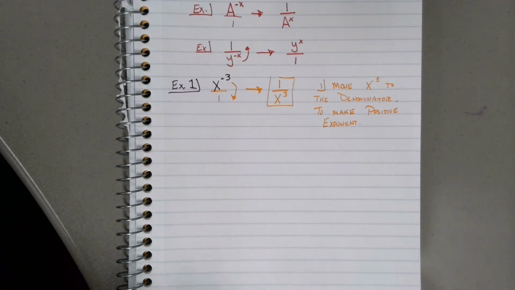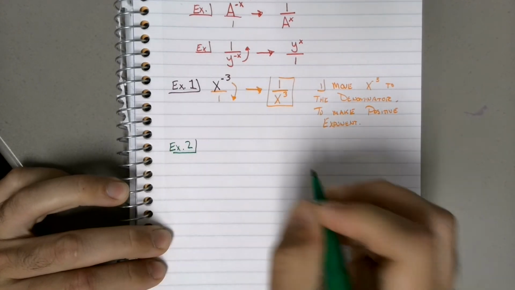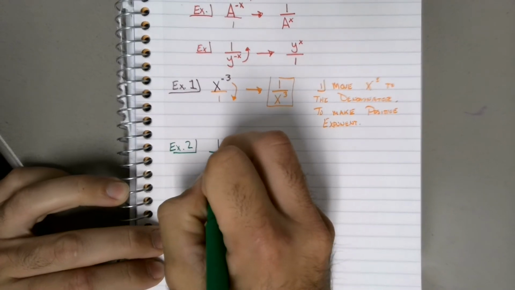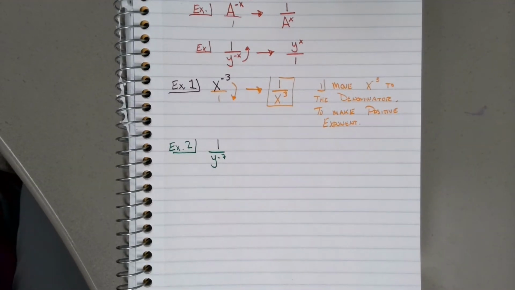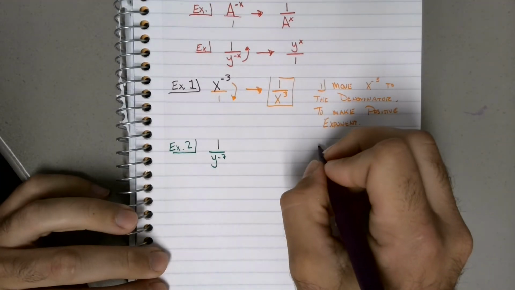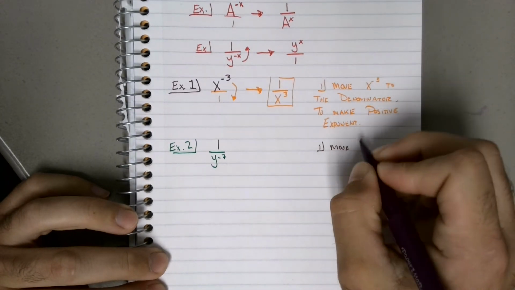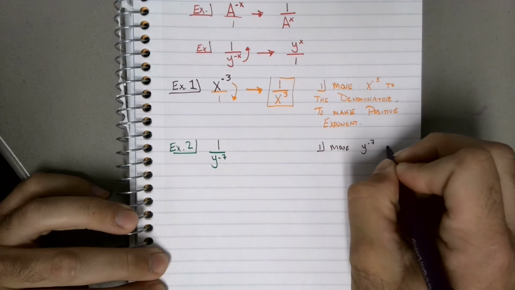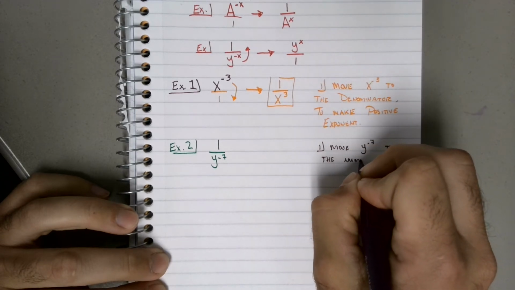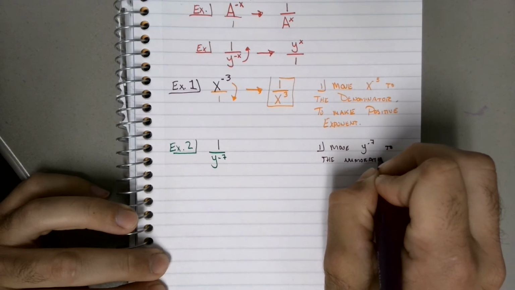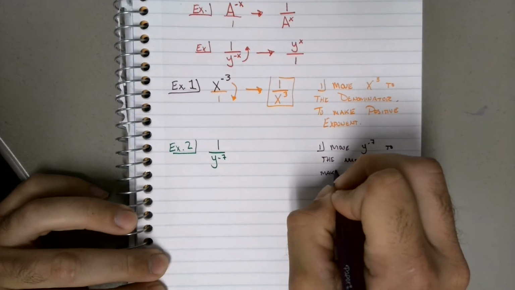Let's look at another example. Let's say I have 1 over y to the negative 7. How would I make that positive? All we would do is we move y to the negative 7th to the numerator, to make a positive exponent.